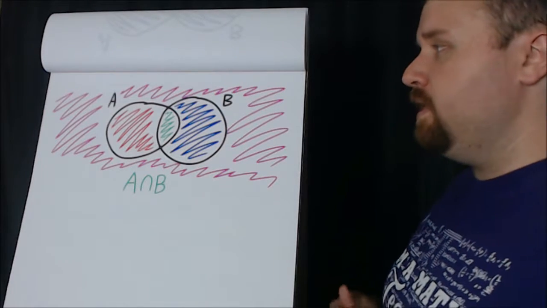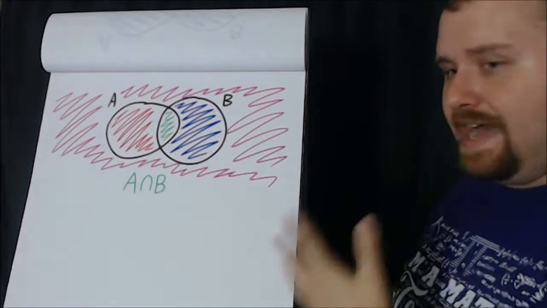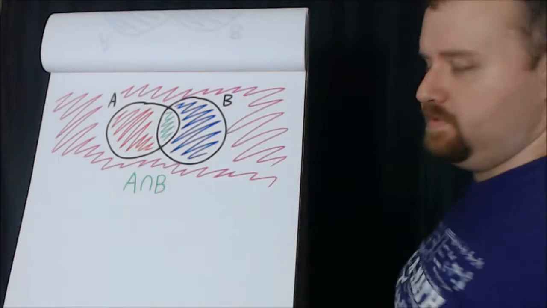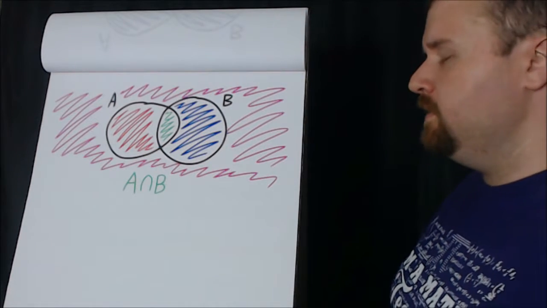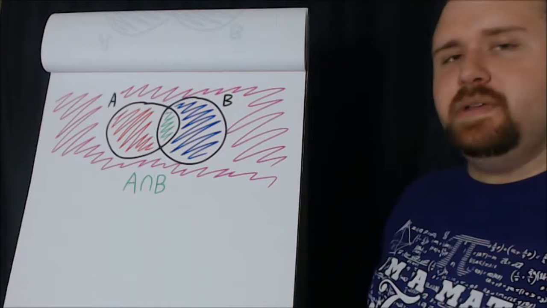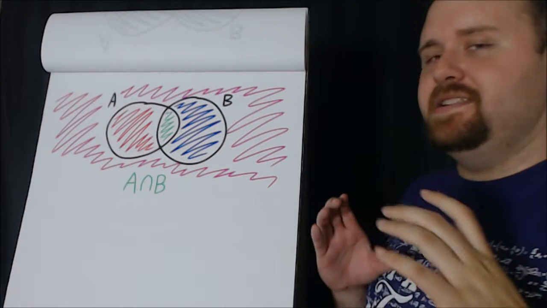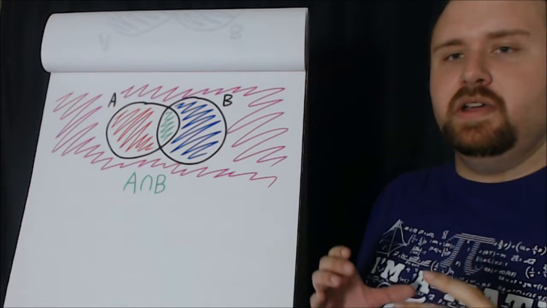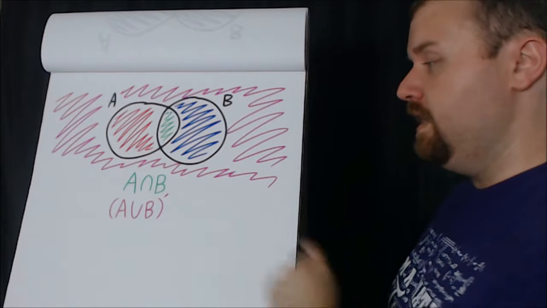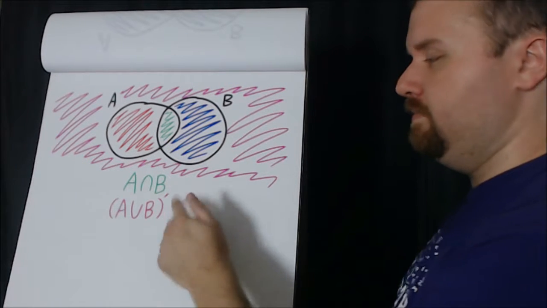Now we already know that the purple is everything else, everything that's not in the red, green, and blue sections. So what we can do is we take A union B, and then we take the complement of that. So everything that's not in the union of A and B. So see, I wrote down A union B in parentheses, and then this to show that it's the complement of that.